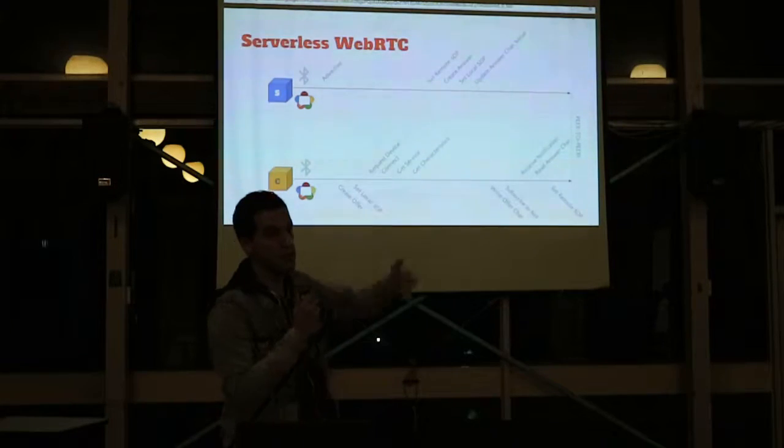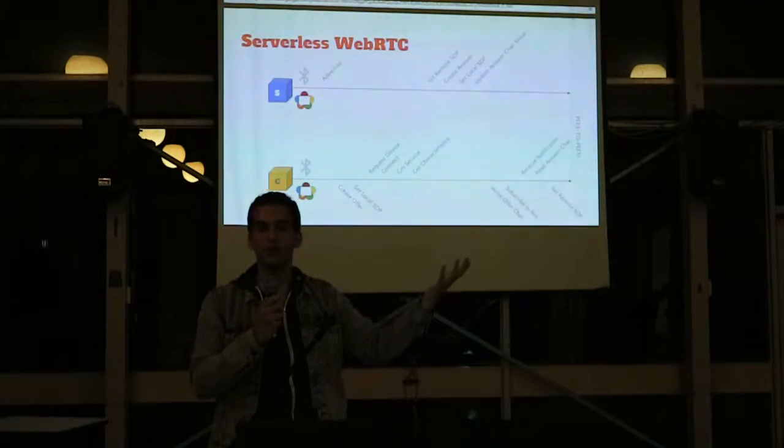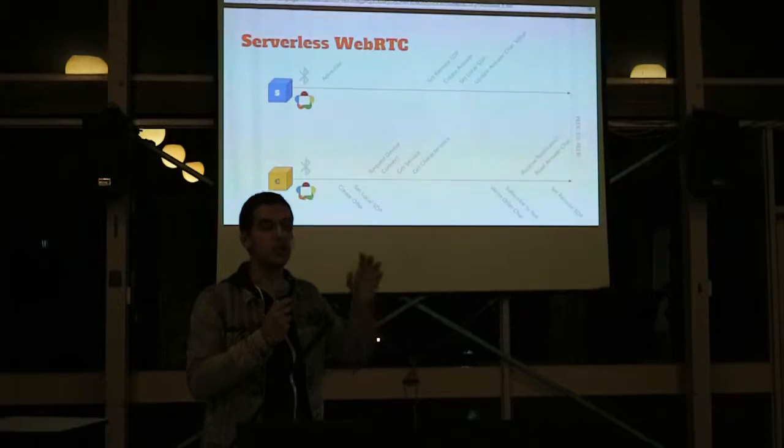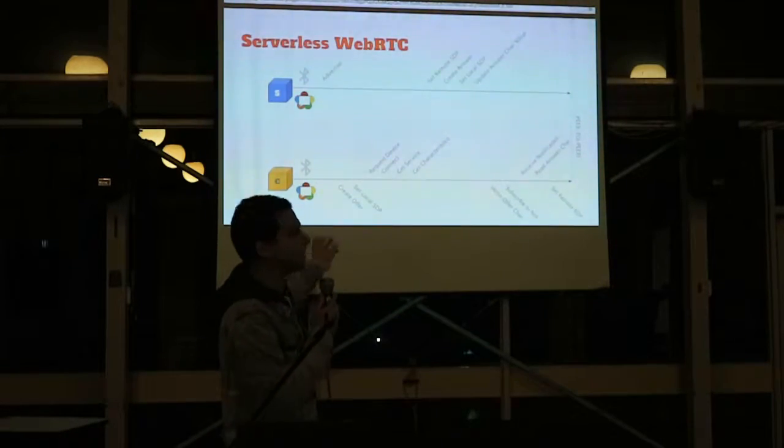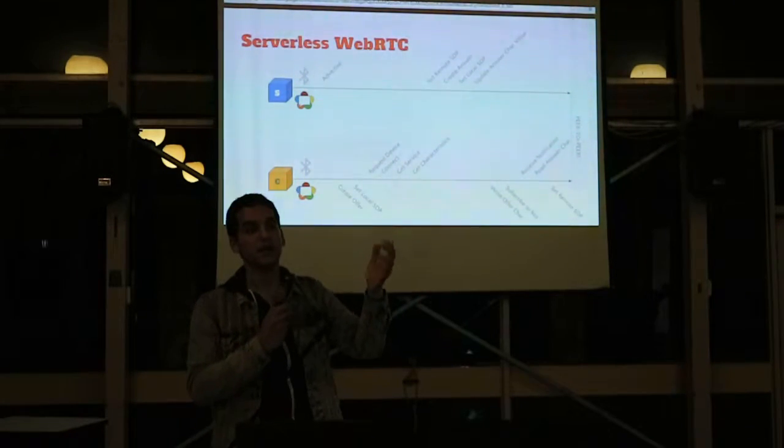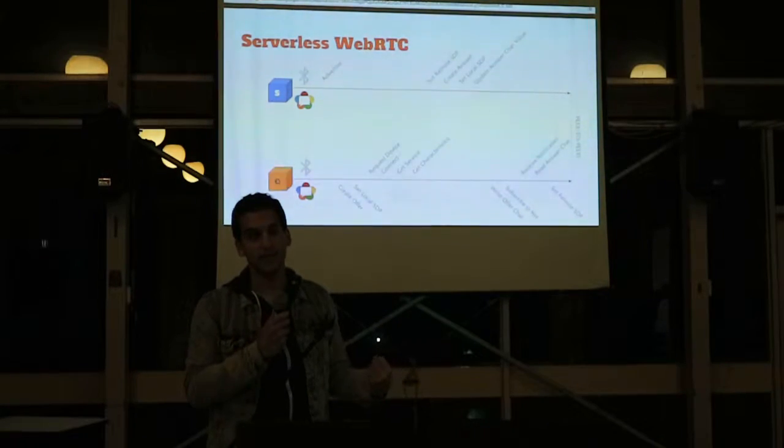That's when the computer itself gets a new offer. It generates an answer from that offer and sets it back to the answer characteristic. A notification is pinged on the device telling it, hey, I'm ready.